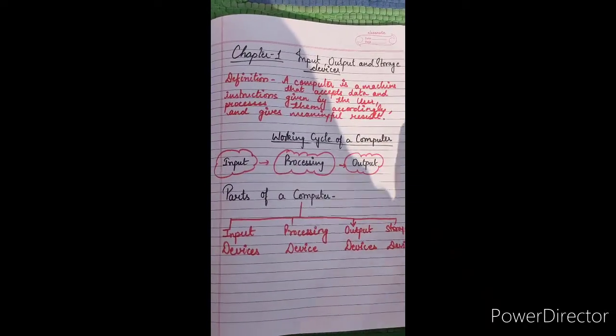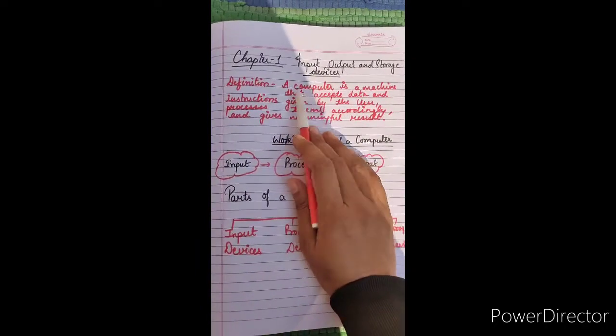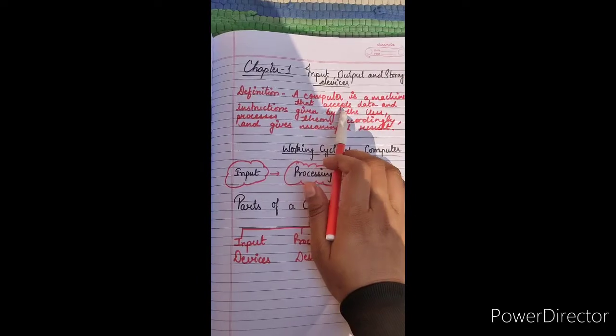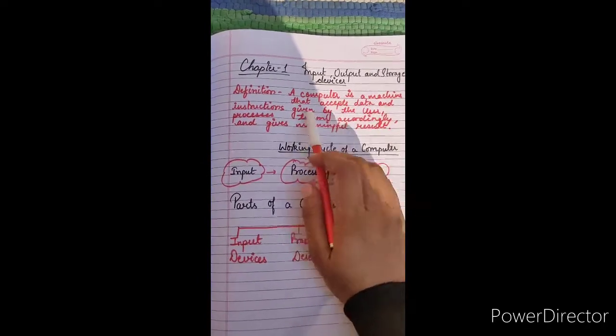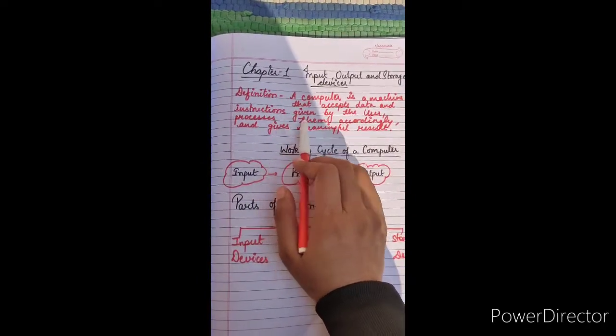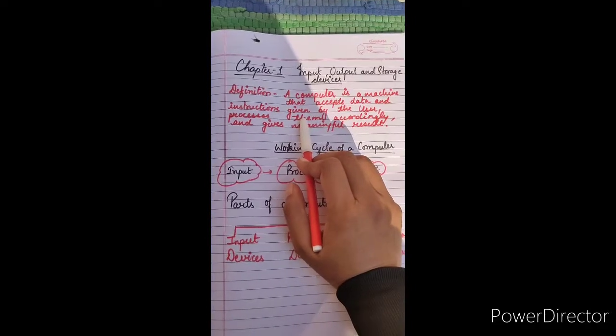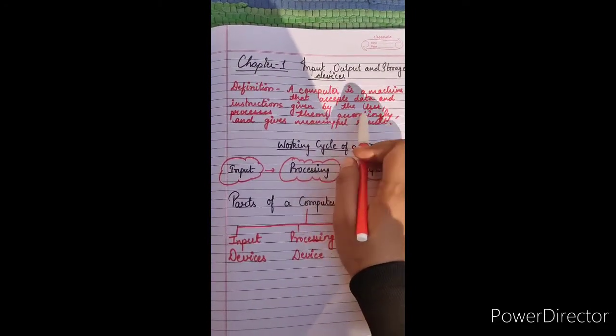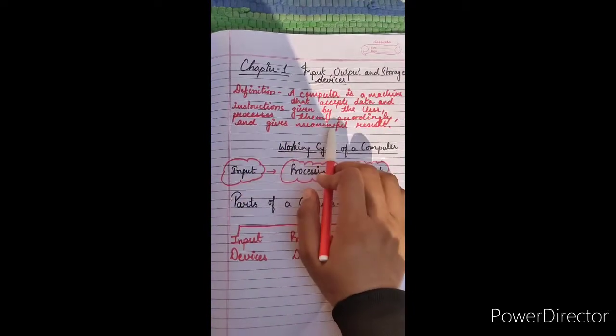The definition of a computer: a computer is a machine that accepts data and instructions given by the user, processes them accordingly and gives a meaningful result.